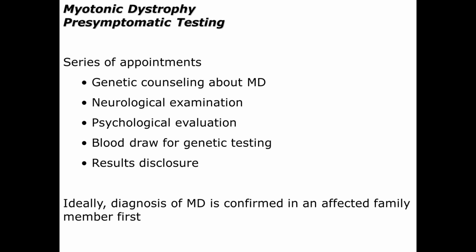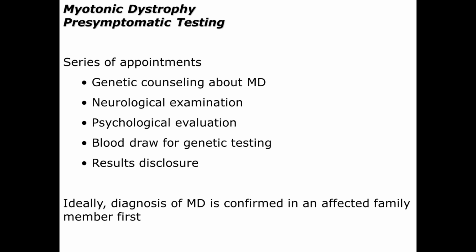Otherwise, it would be very obvious that they inherited it. A lot of times the symptoms of the muscle weakness might come earlier, like the congenital myotonic dystrophy. And the other reason is that there's nothing that we can do to change the outcome. So for those reasons, we don't recommend testing in childhood.